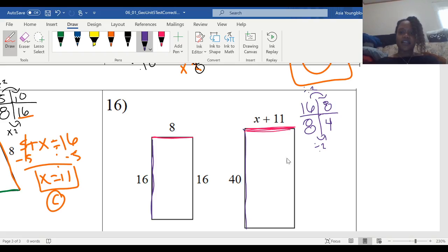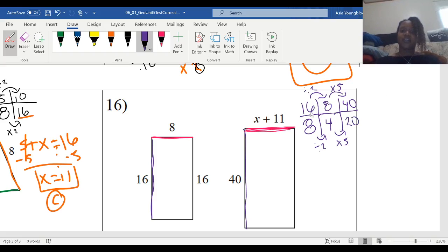Now we need to scale it back up so we can have a 40 by whatever this side length must be. So to scale up the 8 to 40, we're going to multiply by 5. We also need to multiply the bottom by 5. 8 times 5 is 40. 4 times 5 is 20.